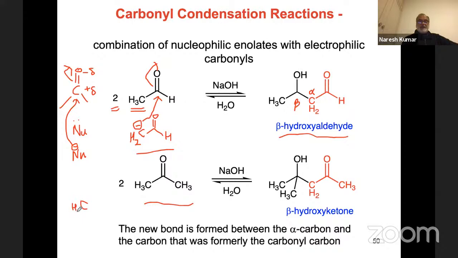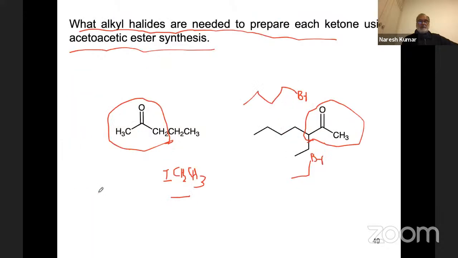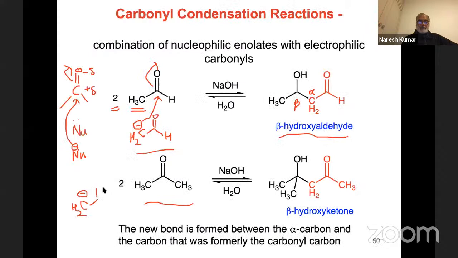from the CH3 to generate CH2 minus, and you have a C double bond O here, and a CH3. And this then can react with the carbonyl compound, which is your starting material itself, to attack at this carbon over here.